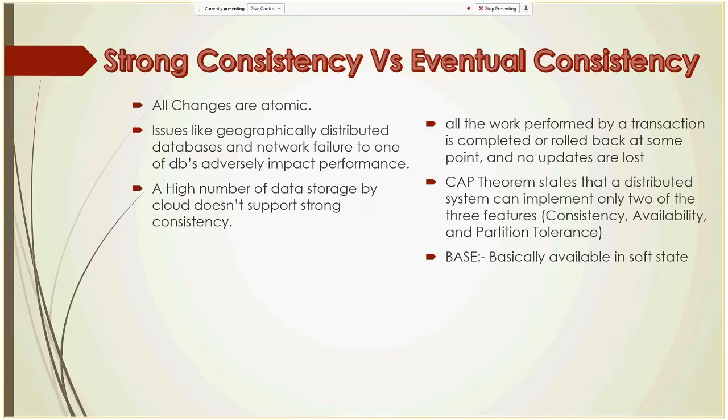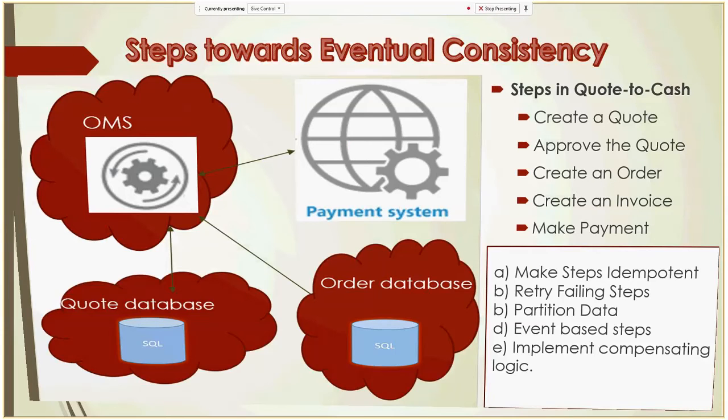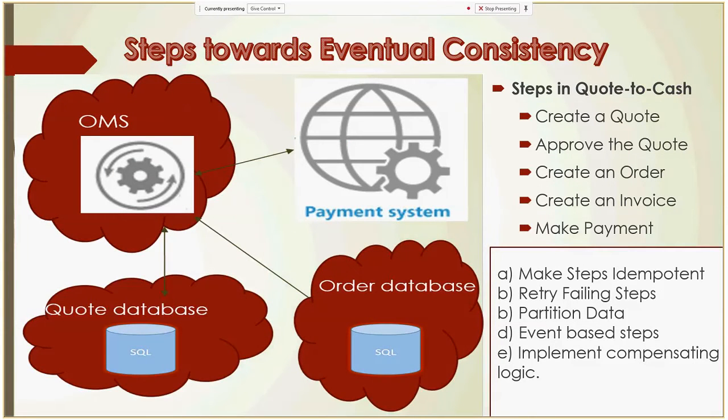So let's go ahead and, enough of the theory, right? Let's go ahead and see what are the steps that are required for achieving eventual consistency. Let's consider this order management system, which involves quote creation.